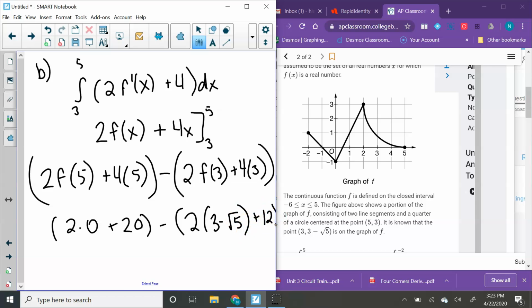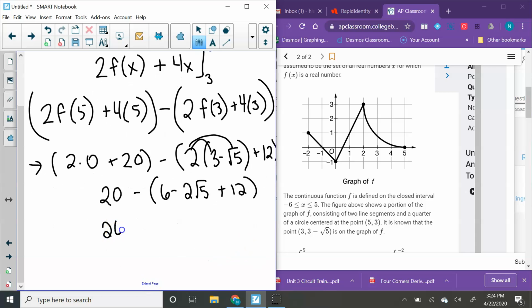Now, AP exam, stop right here. You're done. But I want to check to make sure my answer matches what they've given, so I'm going to go ahead and simplify. 2 times 0 is 0, so I just get 20 right here. And then here I'll get 6 minus 2 root 5 whenever I distribute that 2, plus 12.